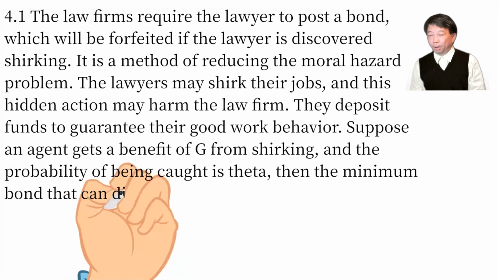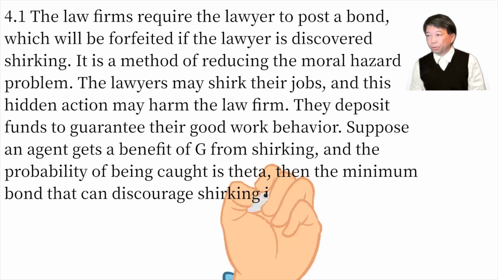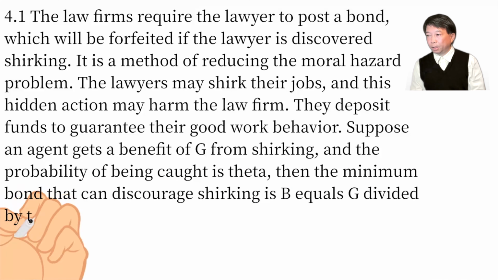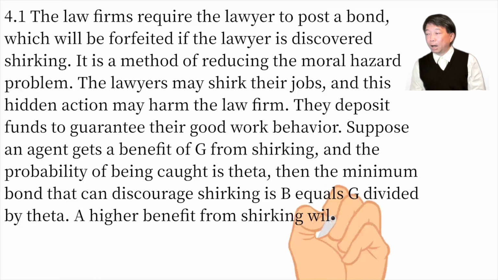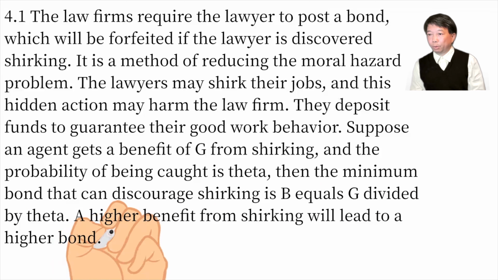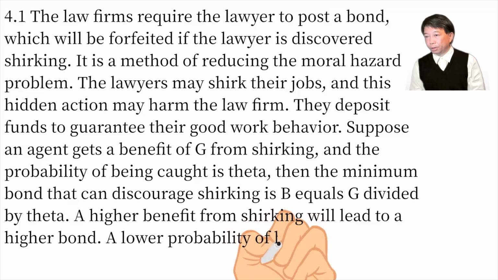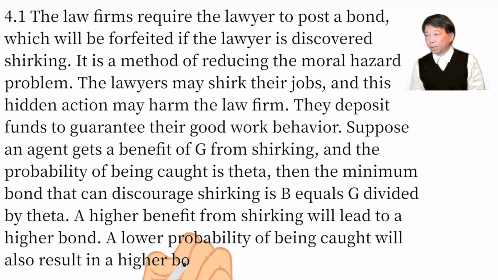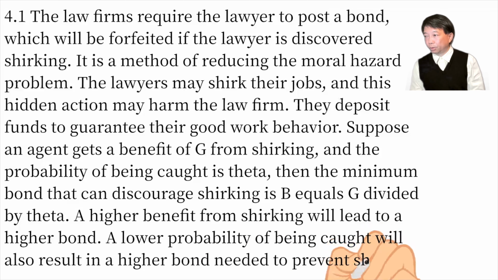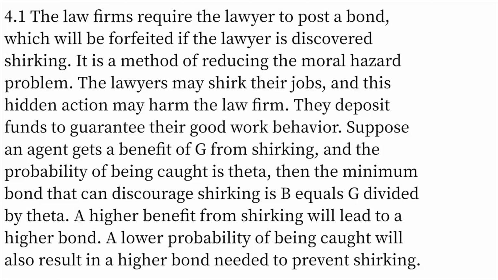Then the minimum bond that can discourage shirking is B equals G divided by theta. A higher benefit from shirking will lead to a higher bond. A lower probability of being caught will also result in a higher bond needed to prevent shirking.